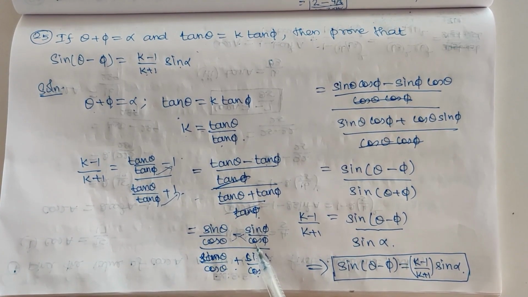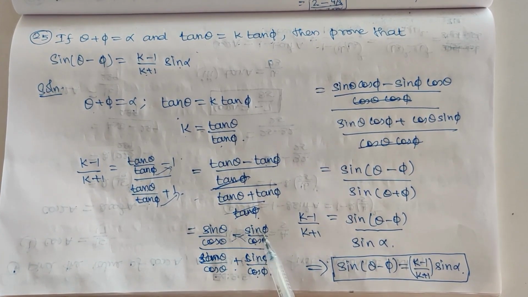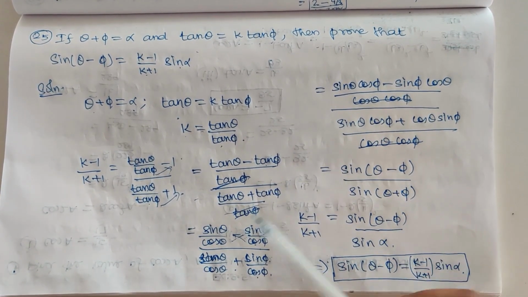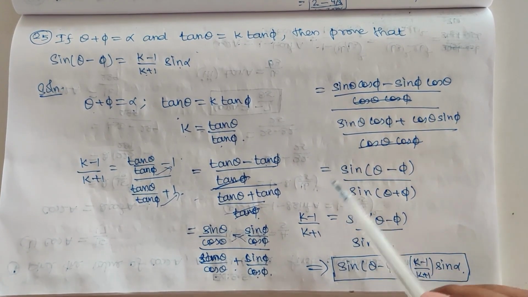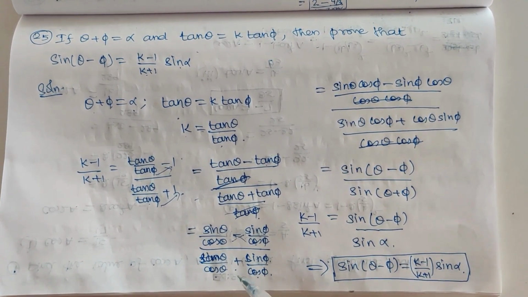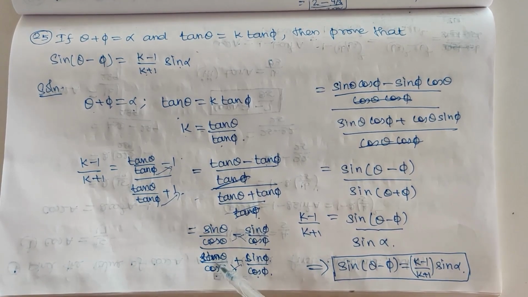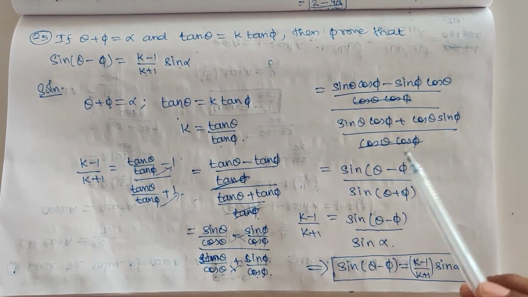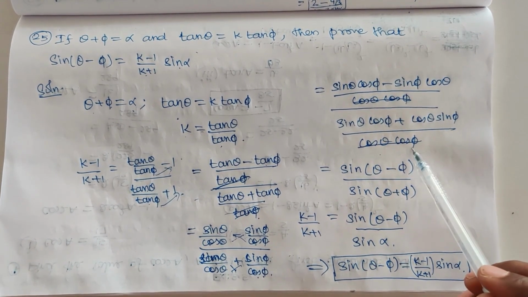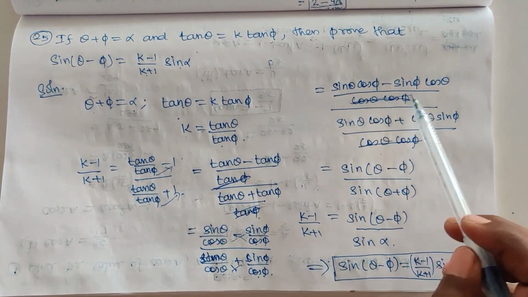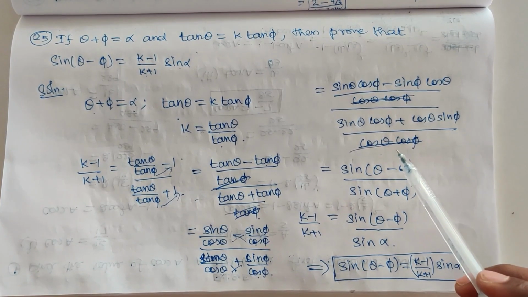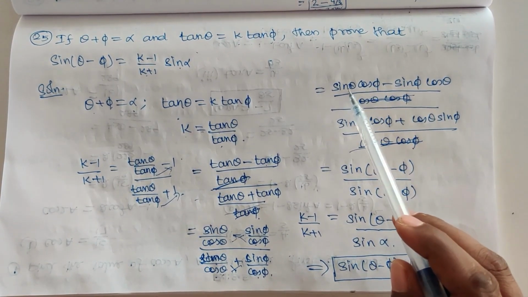So now I am going to take this cross multiplication. So sin theta cos phi minus cos theta sin phi, the whole divided by cos theta cos phi, divided by the whole, here I am going to take cross multiplication. So sin theta cos phi plus cos theta sin phi, the whole divided by cos theta cos phi. So this cos theta cos phi and this cos theta cos phi get cancelled. So this is in the form of what?